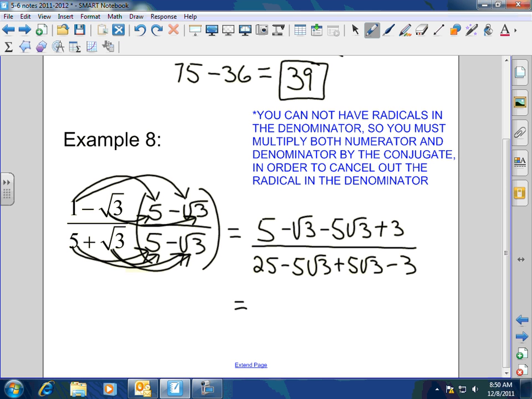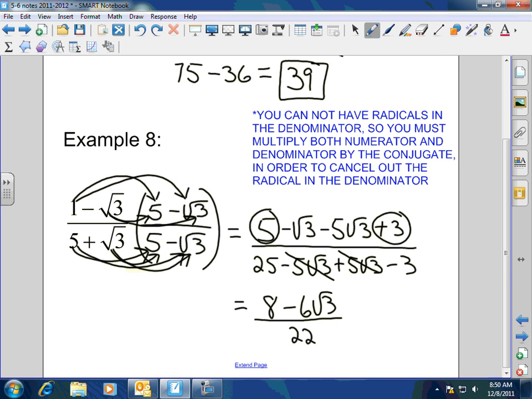The numerator, I've got 5 plus 3, which is 8, minus 6 radical 3's, because a negative radical 3 minus 5 radical 3, you add like terms. When the signs are the same, you add and keep the sign, negative 6 radical 3. And down at the bottom, negative 5 radical 3 and positive 5 radical 3 cancel out, and I've got 25 minus 3, which is 22.